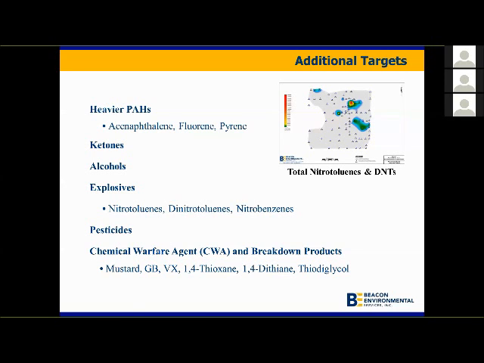Alcohols and ketones can be targeted, as well as chemical warfare agents, which we've done on a few unique sites where our samplers actually identified mustard and nerve agent in soil vapor, where the analyses were performed by a government laboratory, and we understand that that was the only time that these compounds have been seen in soil vapor as opposed to air.